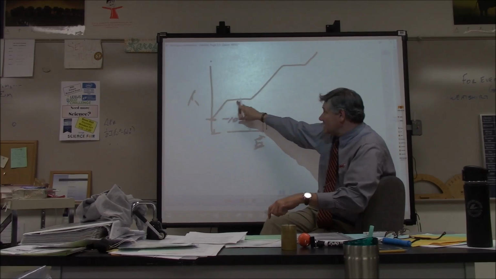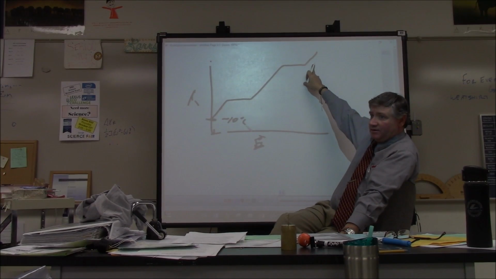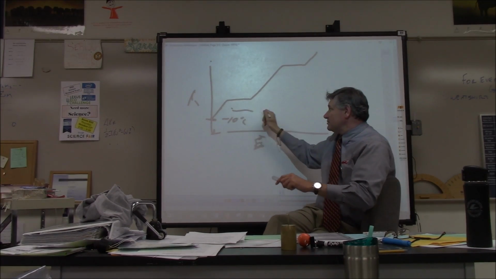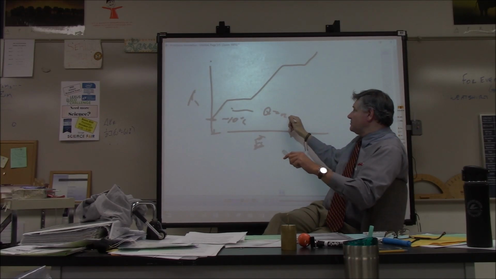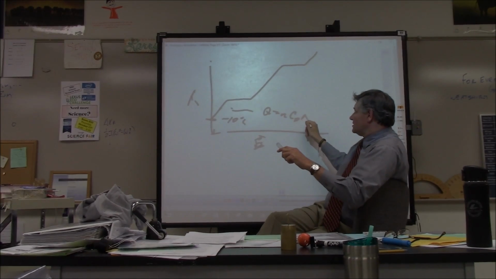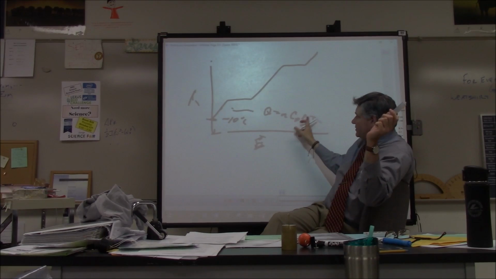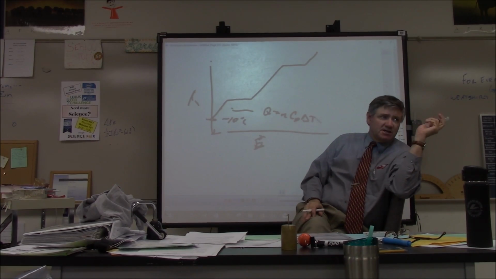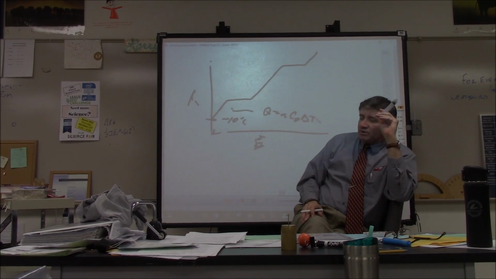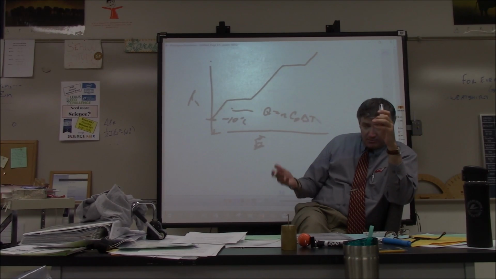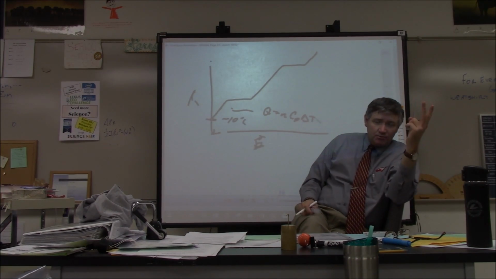So anytime you have a slanted line on here, you're going to use Q equals m c sub P delta T. This energy is going to create a change in temperature. When you dump energy into a system or remove energy, it can only do one of two things.